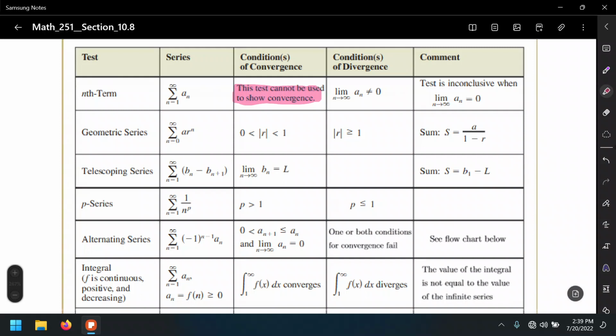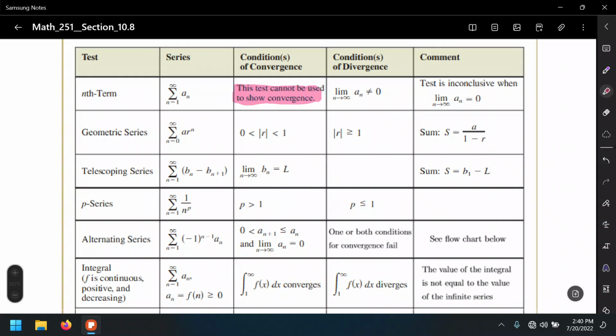That's when the series diverges. This idea is tied with the comment in the fifth column, which has some comments about the different tests: when we have a limit equal to 0, the test is inconclusive, and therefore we have to find a different test.